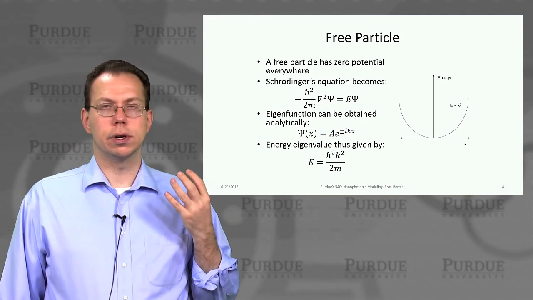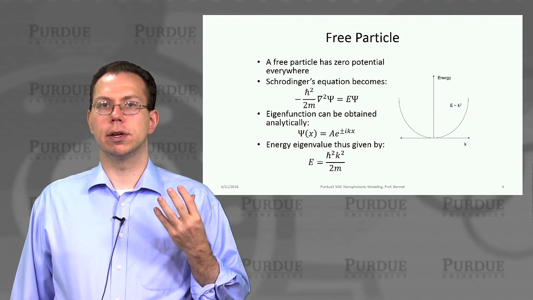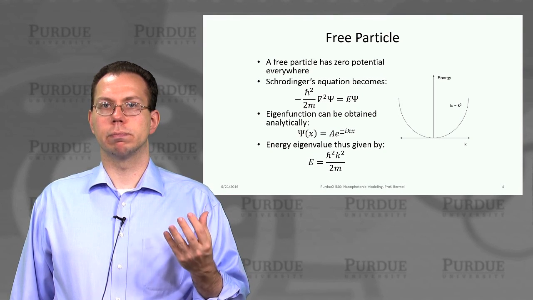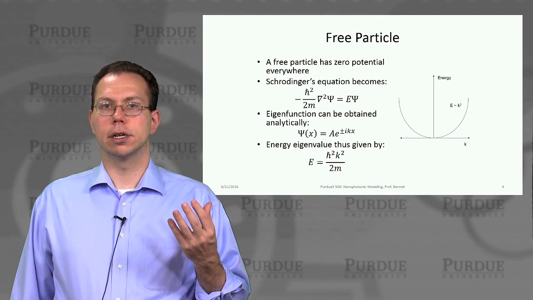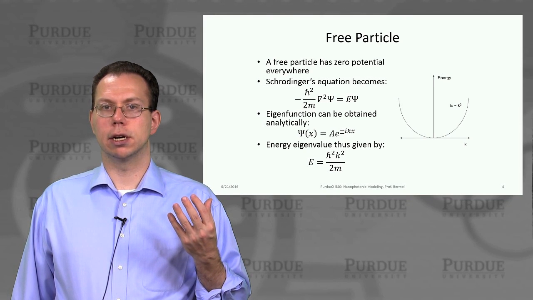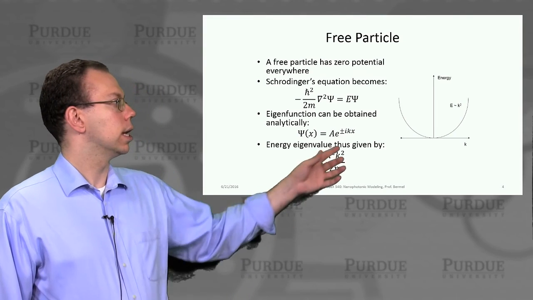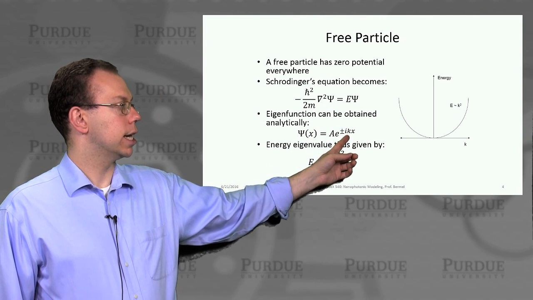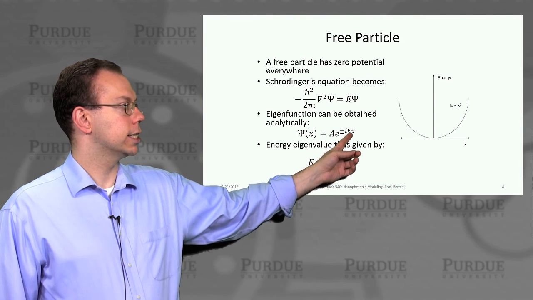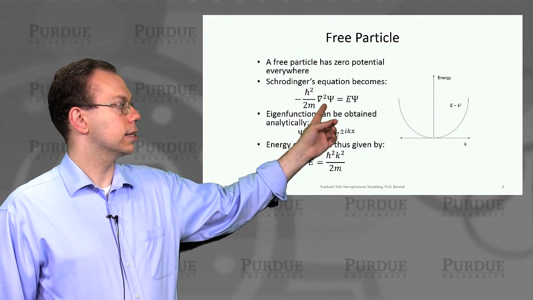And so if you think about it for a minute, you can imagine, based on analogy with, say, electrostatics, that your solution would just be a plane wave. If you substitute this expression, psi goes like e to the plus or minus ikx, then you can see that the Laplacian brings down a factor of minus k squared.